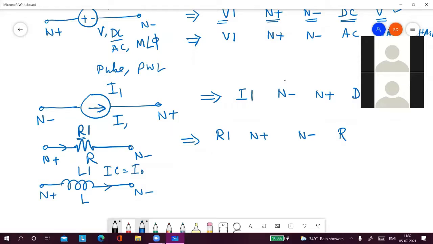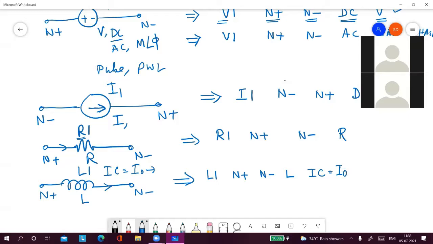In that case, the SPICE statement for the inductor is L1, the name of the inductor, n plus n minus, then the value of the inductor, which is L, and the initial condition IC equal to I0.